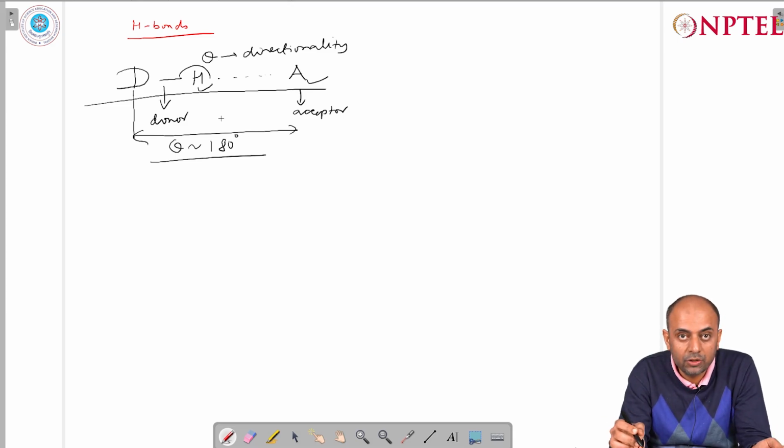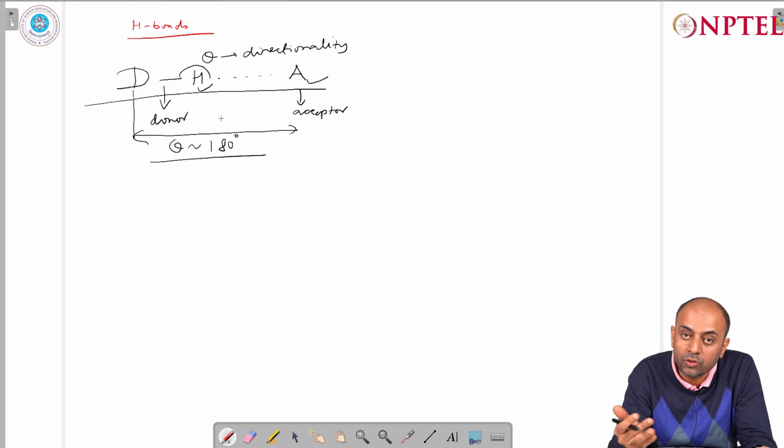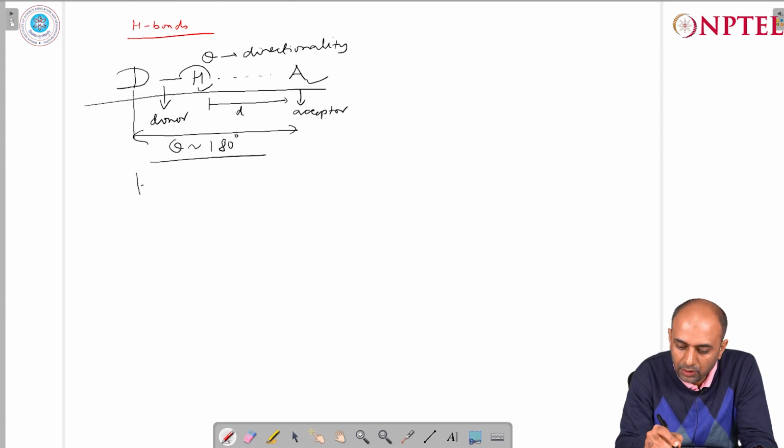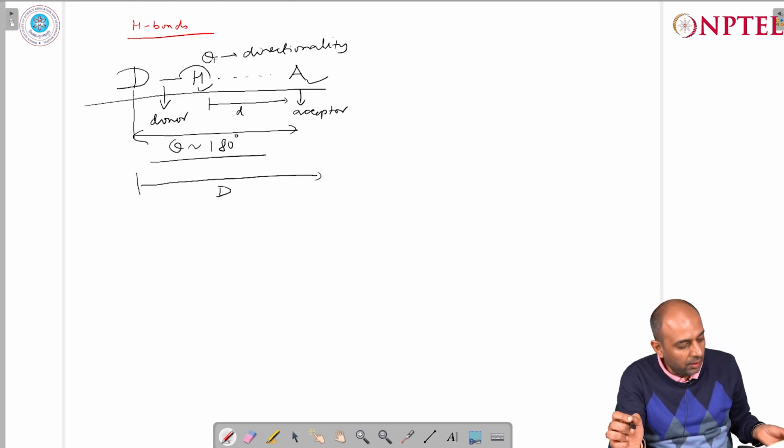So overall this situation gives rise to a stabilizing situation where there is electrostatics operating by and large in a hydrogen bond. But we also saw that in weak hydrogen bonds there is also a contribution of dispersion, and we looked at the magnitudes of small d, capital D, and theta for strong, medium and weak hydrogen bonds.